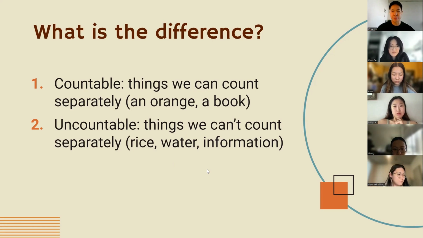All right, so what about uncountable? Uncountable is the things that we cannot count separately. So we have rice, water, information, right? And what else? Chicken?